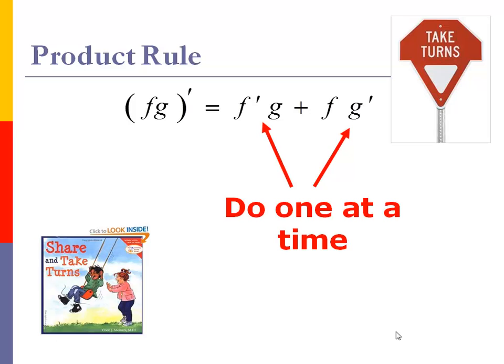When I'm taking the derivative of two expressions multiplying, it's f prime, the derivative of f, but leaving g alone, haven't touched g, and then leaving f alone and doing the derivative of g. And so we got a little plus sign here. We're finding out that works and it's a consistent pattern.